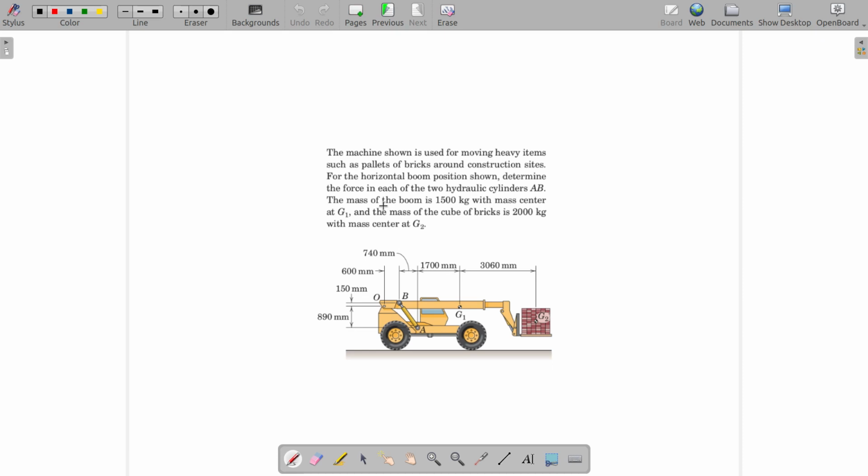All you need to do here is draw the free body diagram of individual members. Use the equilibrium equations, and there you have the answer. The positions of each member are clearly defined.